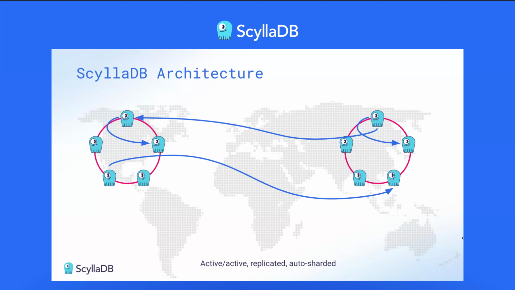ScyllaDB has kind of a ring architecture. As you can see, you can deploy ScyllaDB in different regions across the globe. And then you can have different settings applied to different regions. So for example, you can have the replication factor different for each region.